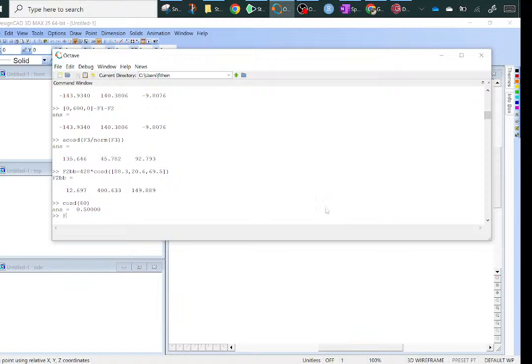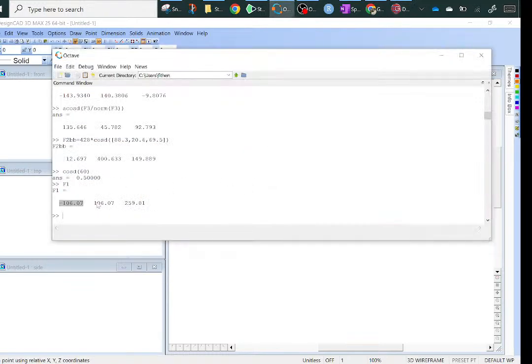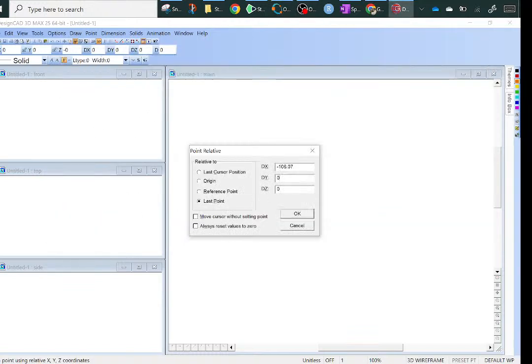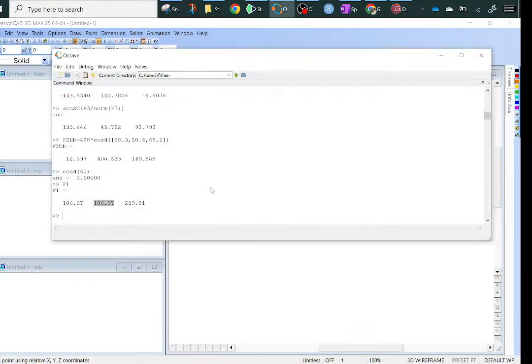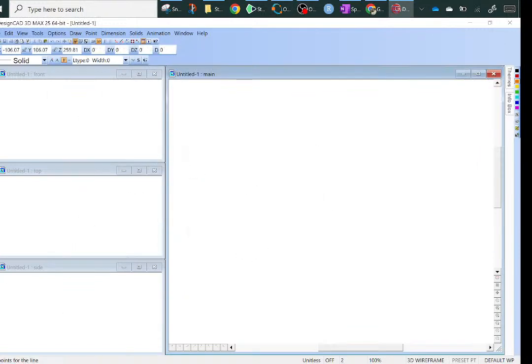Let's do F1. So I'm going to draw each one of these vectors. I'm going to copy. I think it's going to require me to do them one at a time. So relative to the last point, we're going to go in here and make a CAD package build. Okay, there's my first vector.